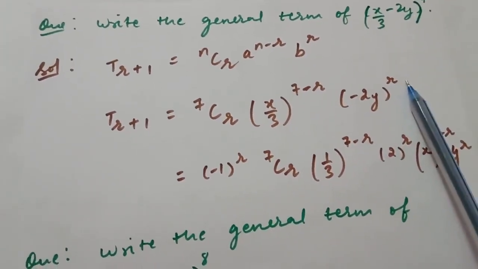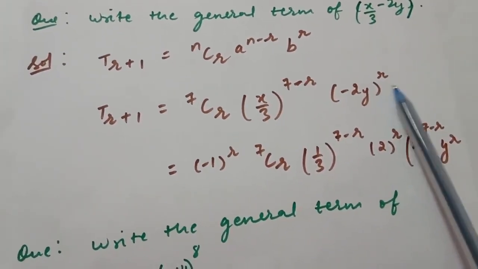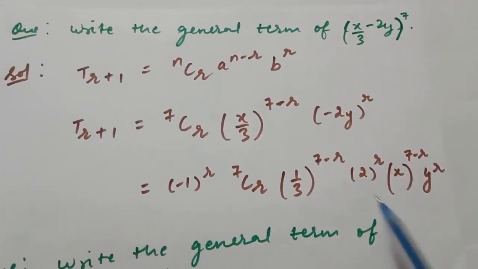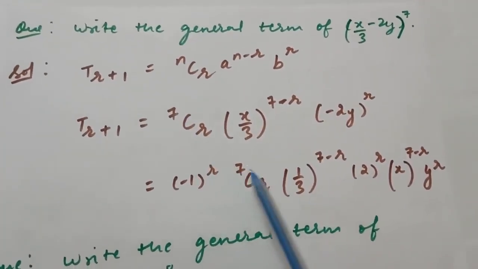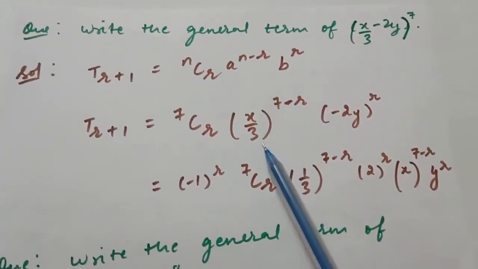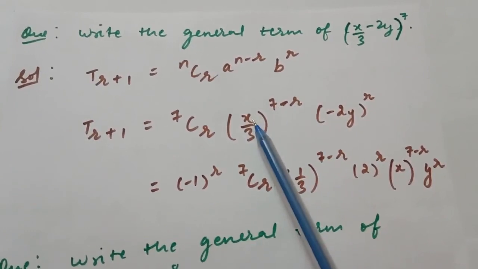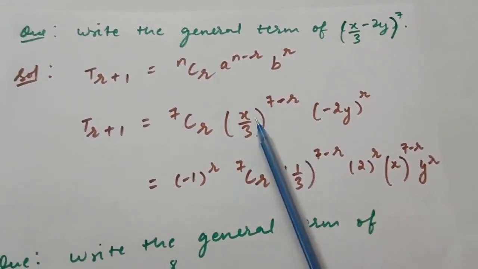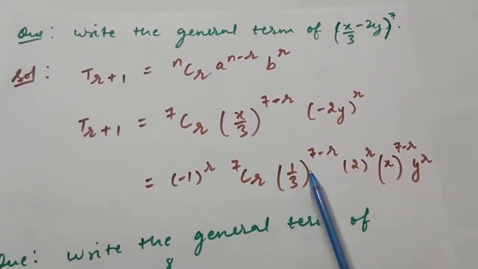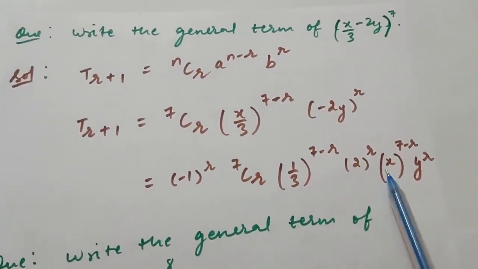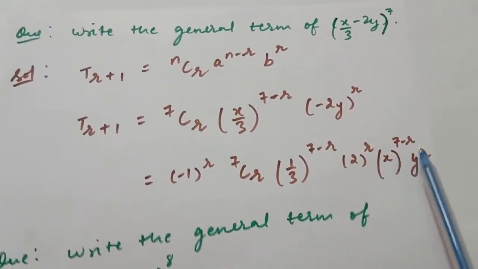Now what we will do, we will write the powers of x and y separately. Now see, 7Cr as it is. This is (x/3) raised to the power 7 minus r. So we want the power of x separately. So we are writing 1 by 3 raised to the power 7 minus r, and this x separately, that is x raised to the power 7 minus r.